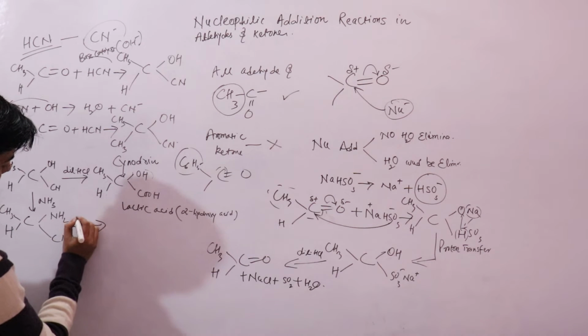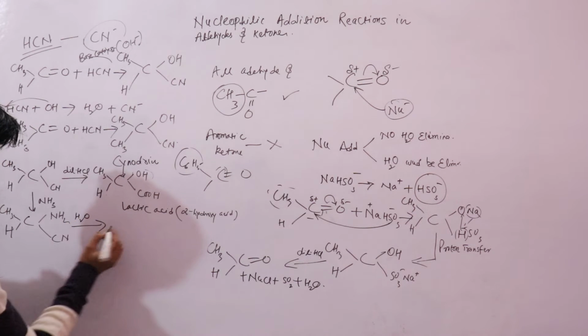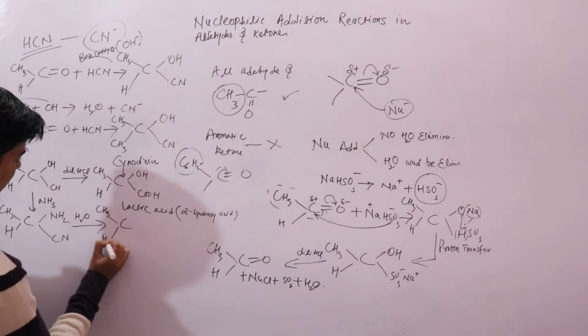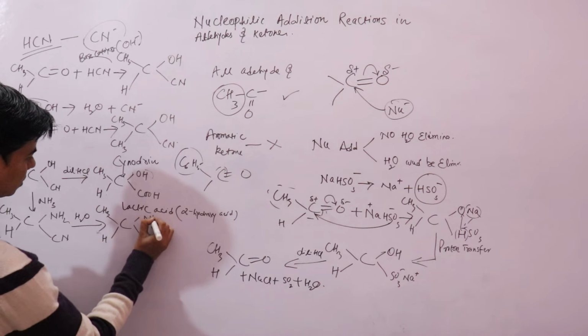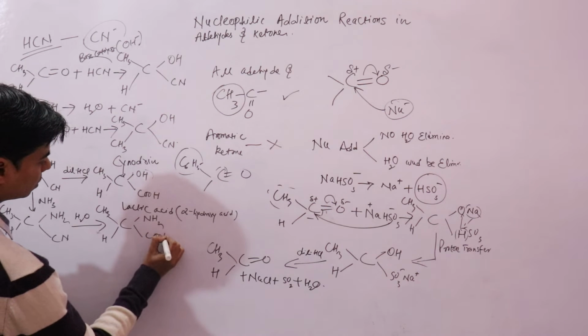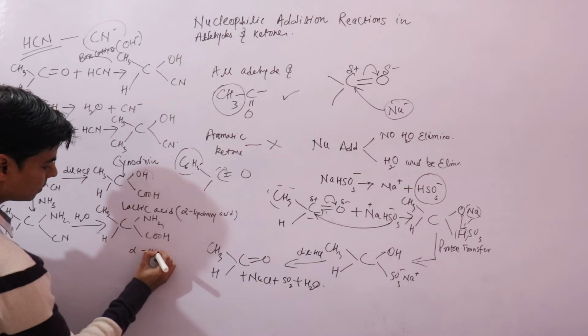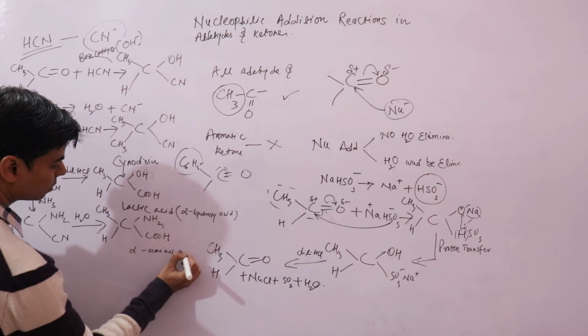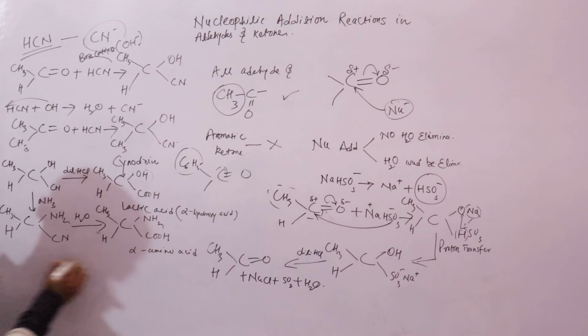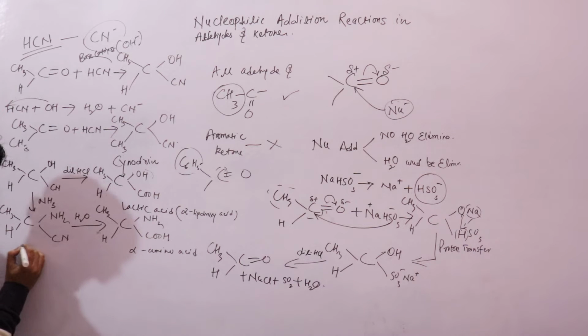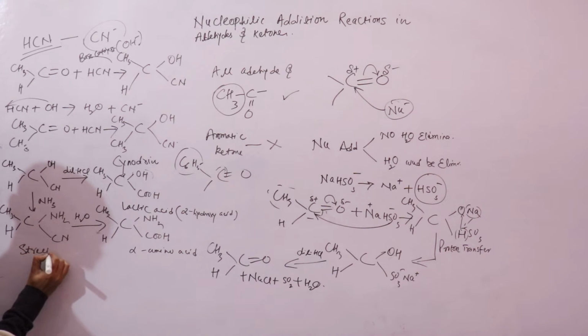Now this will undergo hydrolysis to form amino acid. This is your alpha amino acid, right? And this reaction where amino acids are made from cyanohydrins, this is your Strecker's synthesis.